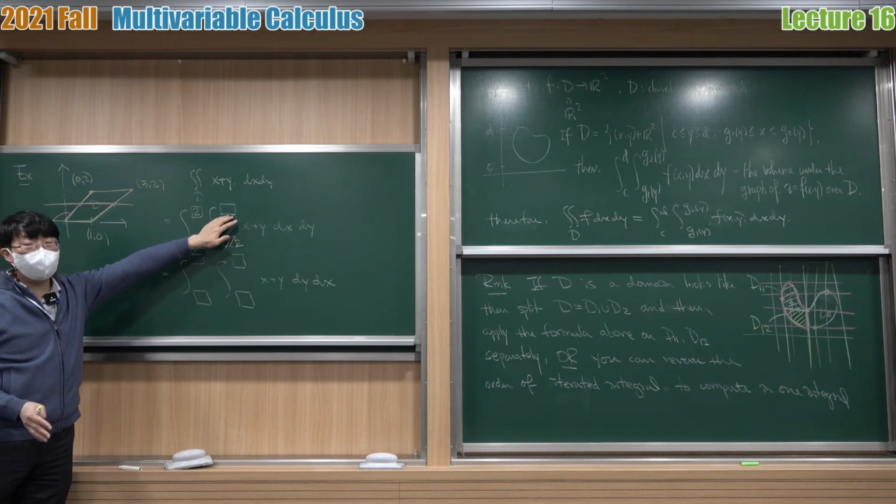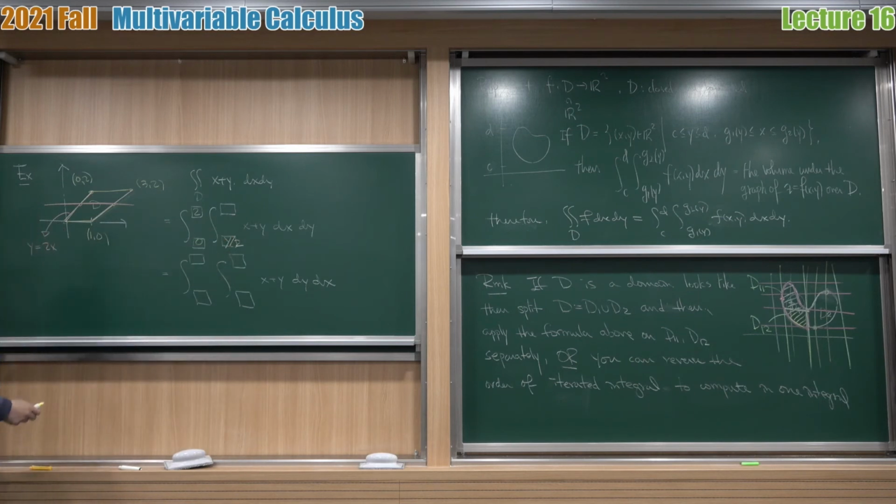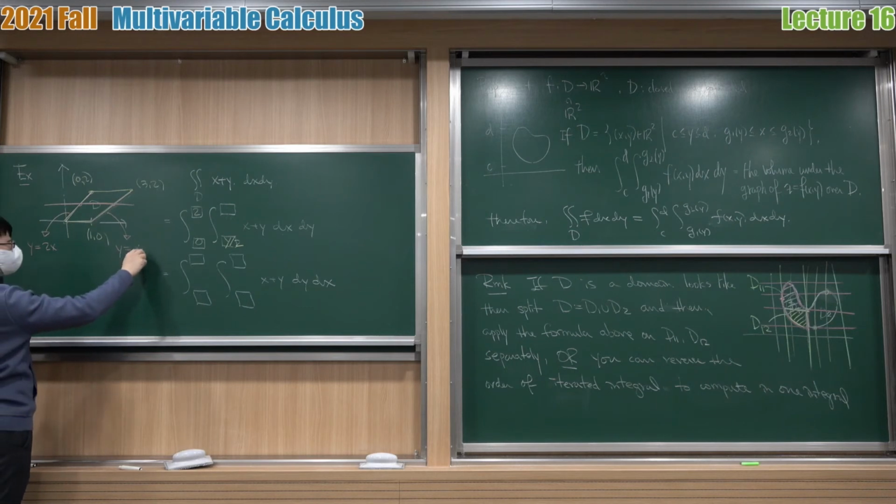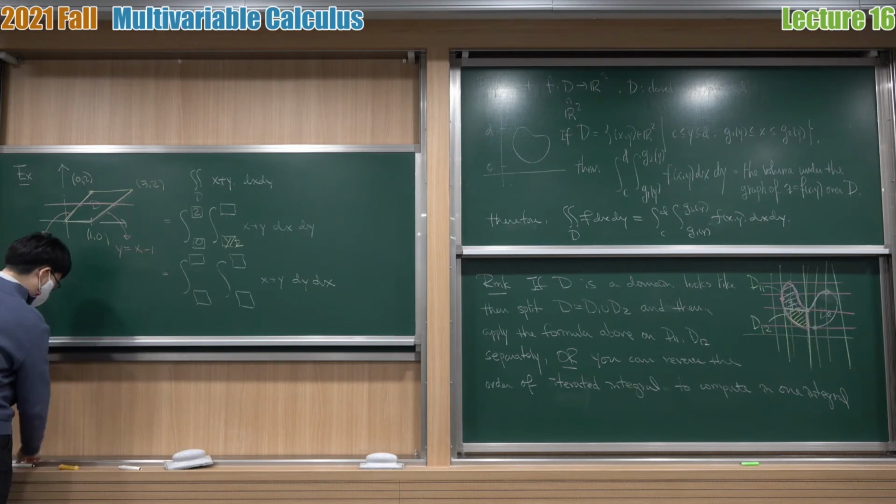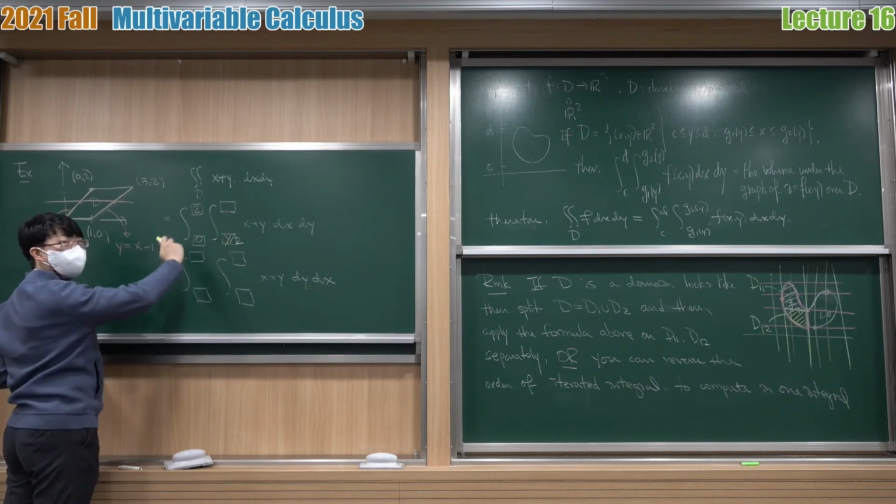And how about the maximum? It's the equation of this line. What is this? y equals x minus 1. So what is the equation? x equals y plus 1.